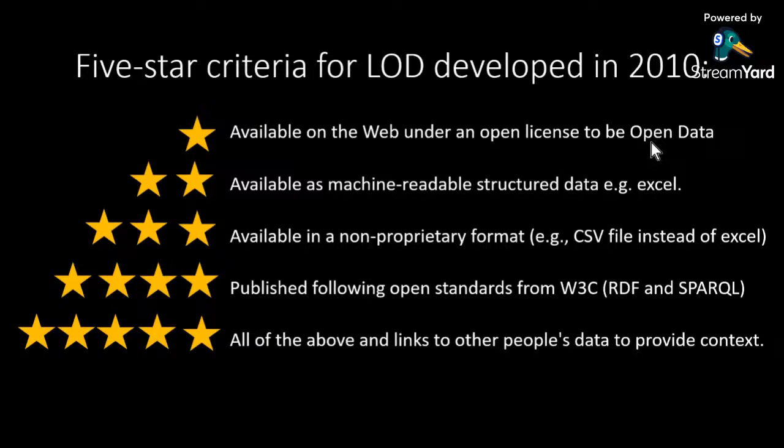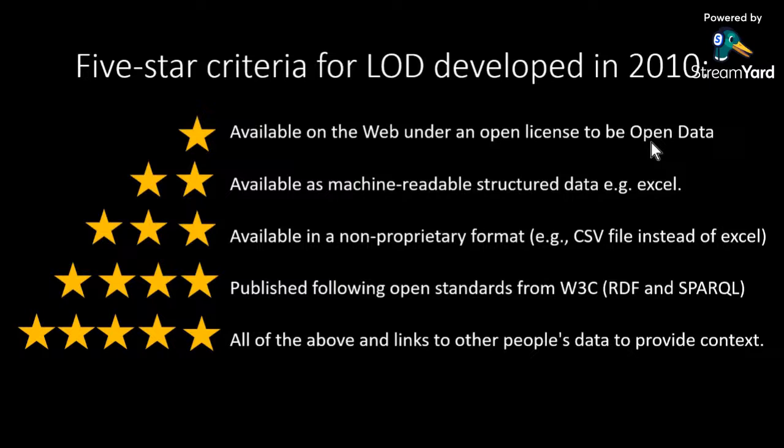In order to have 4 stars, the data also has to be published following open standards, such as RDF and SPARQL, that we will look at quickly later on. And finally, it has to follow all of the above, but also be linked or interconnected with other people's data that can enrich our own information and also provide context.